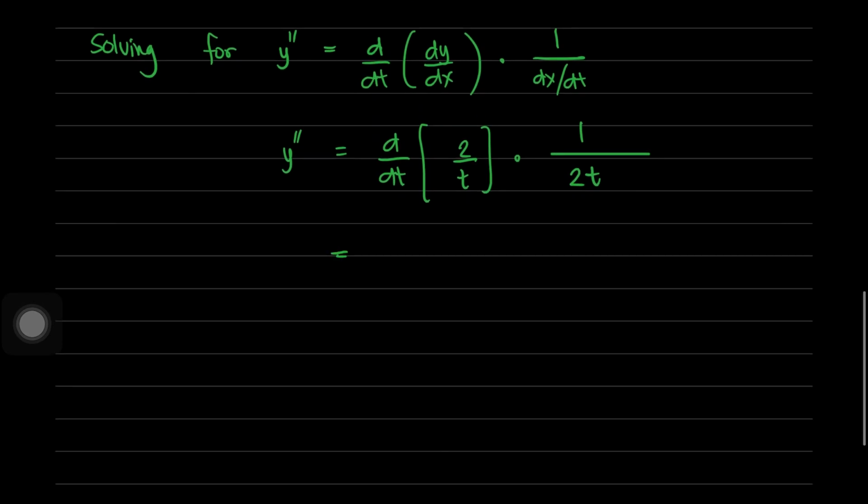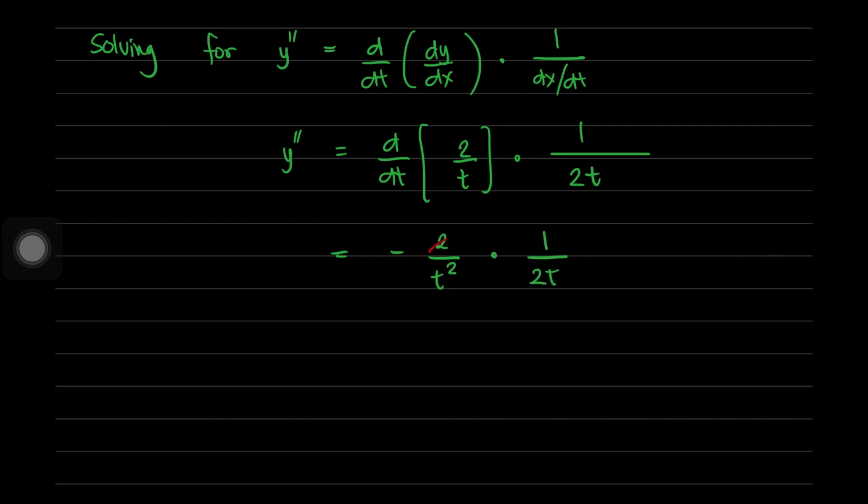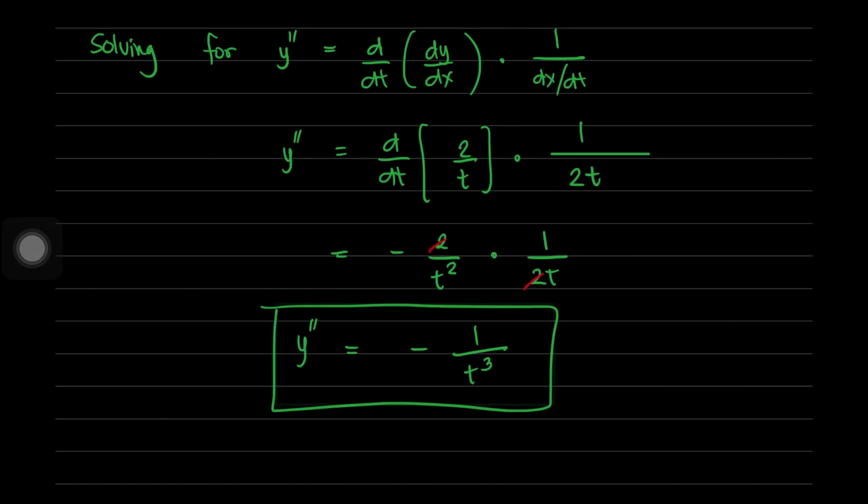Now the derivative with respect to t of 2 over t is equal to negative 2 over t squared. And if we multiply this with 1 over 2t, 2 will cancel out. Thus, y double prime is equal to negative 1 over t cubed. This is now the expression for the second derivative.